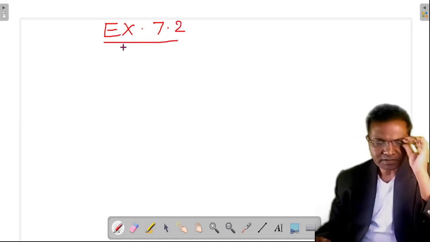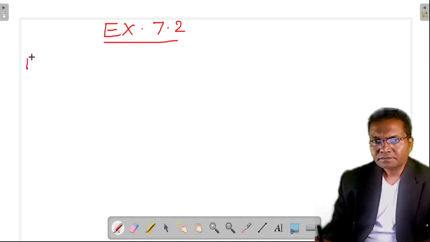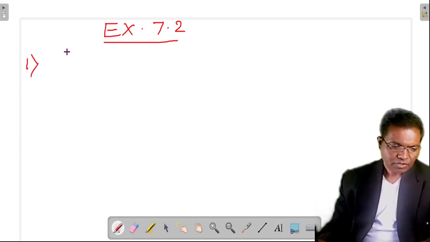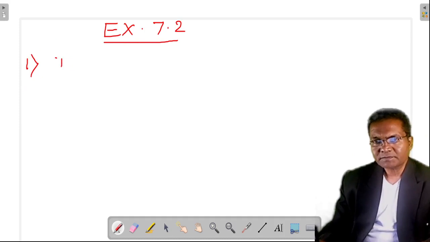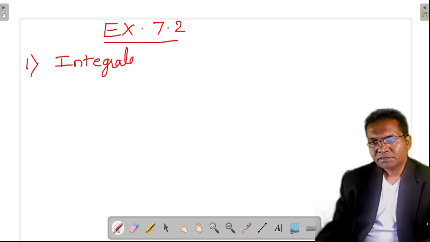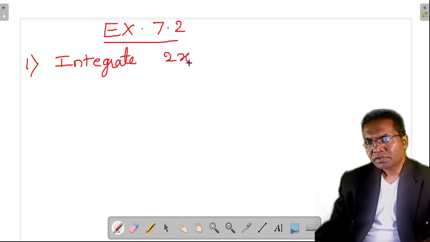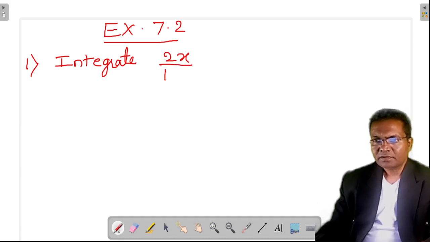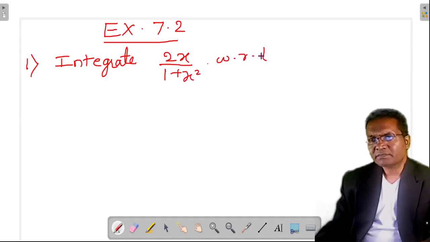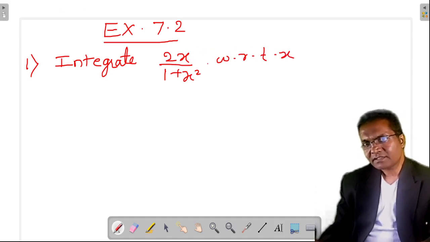So here is the first example. You are asked to integrate the functions. Integrate 2x by 1 plus x square with respect to x.